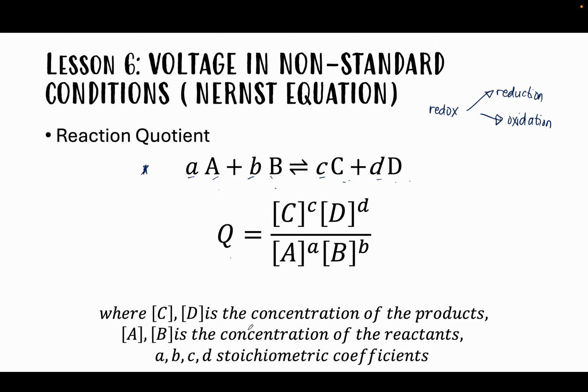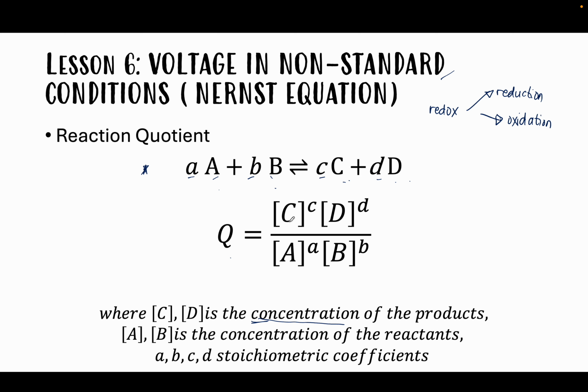So if you have brackets, that refers to concentration, and it is usually given. Otherwise, it is assumed to be standard, which is 1 molar. But in non-standard conditions, it is given or stated in the problem.